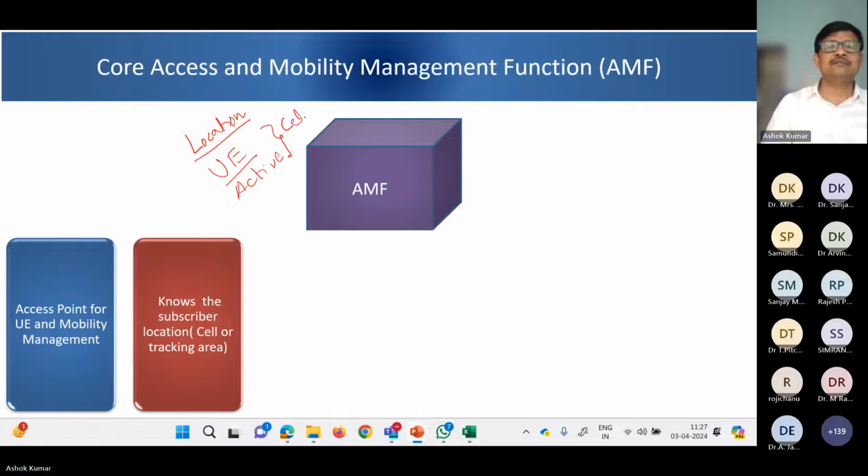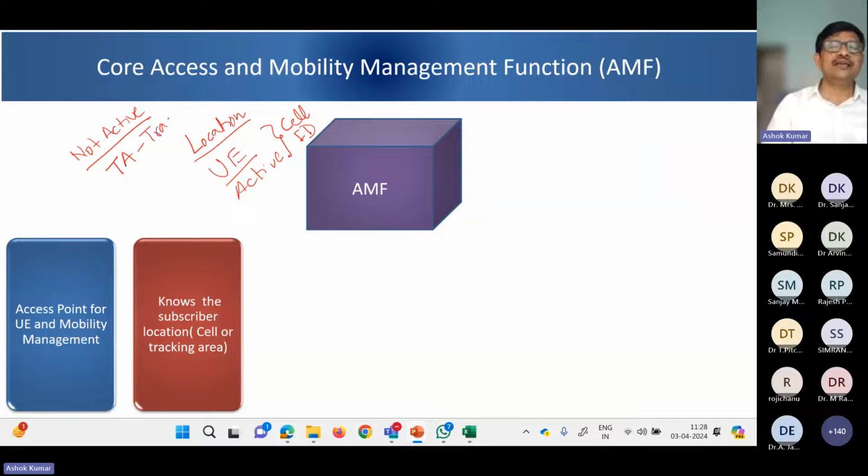It will know the cell ID of the BTS where user equipment is active. In case user equipment is not active, then AMF knows that user equipment is in a particular tracking area, TA.